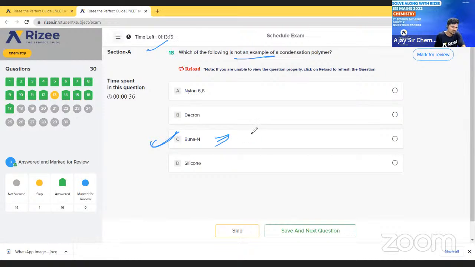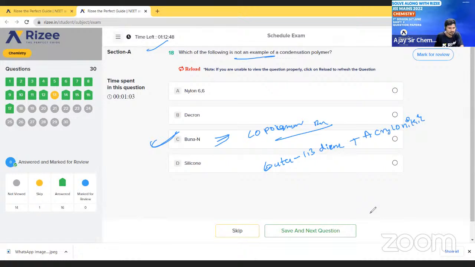It is a copolymer, right? It is made up of two monomers: buta-1,3-diene and acrylonitrile. Both go through addition.